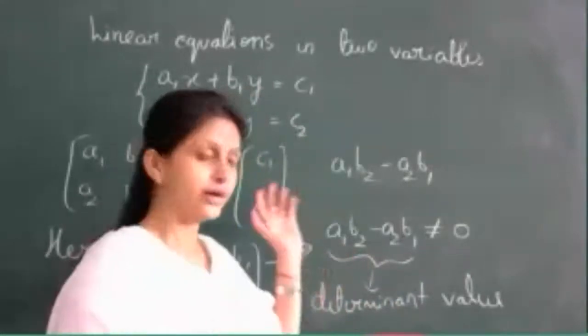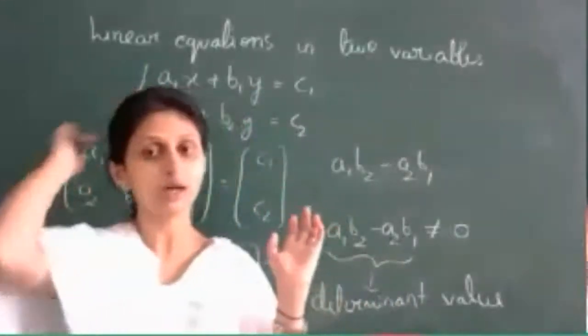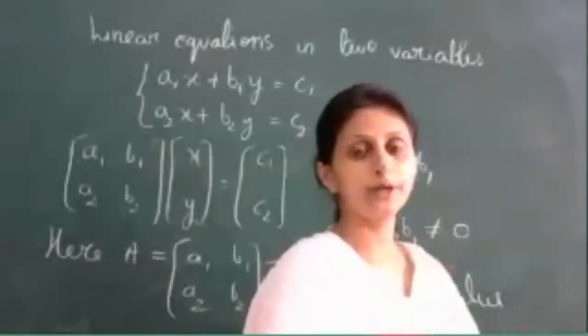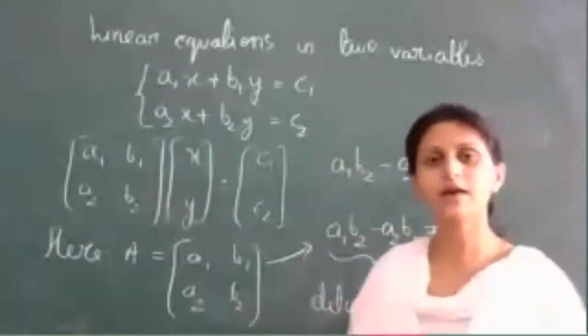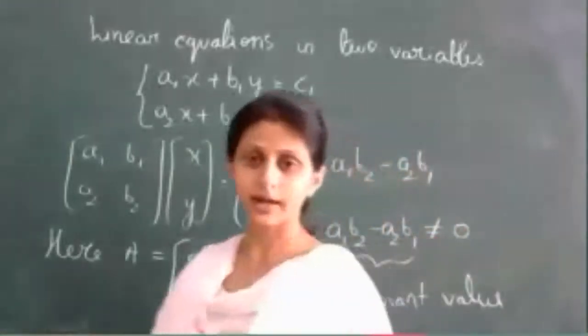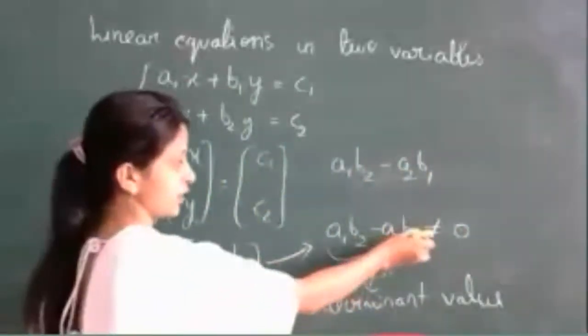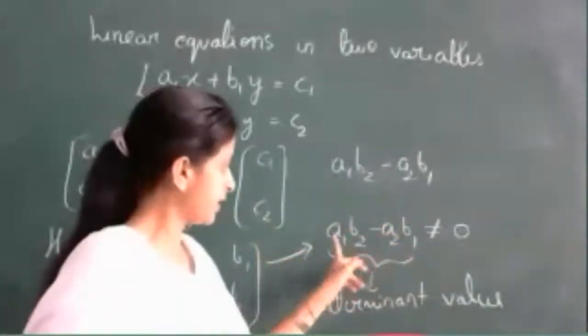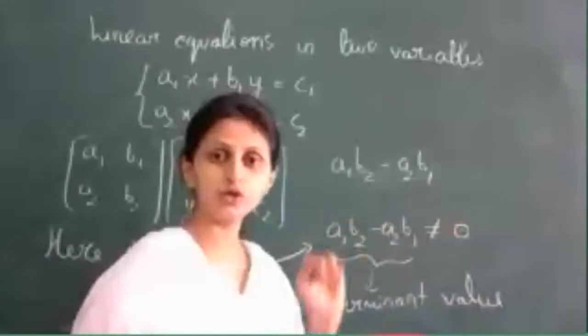How? Already we saw in 10th standard algebra, if A1 by A2 is not equal to B1 by B2, then the system of linear equations will have a unique solution. Right? So here you can see, if I simplify that, we get A1 B2 minus A2 B1 is not equal to 0.